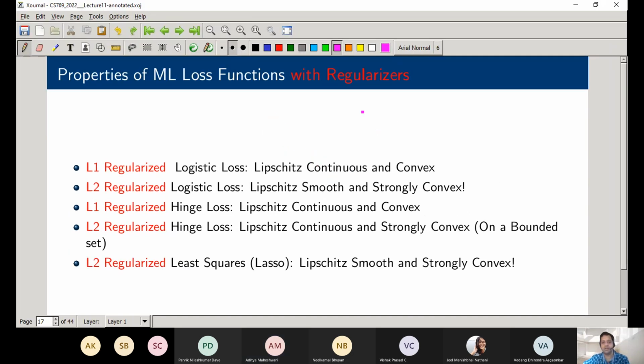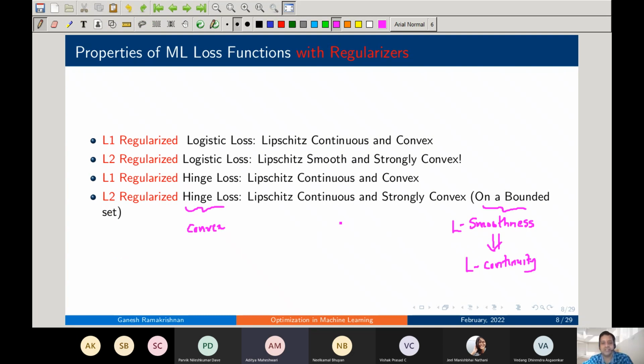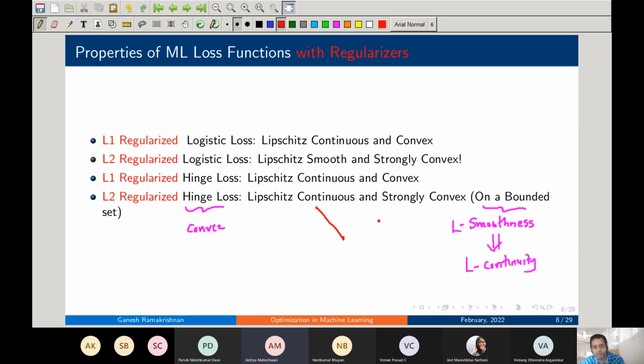So the previous slide, what I showed, these generally don't go together unless you have a bounded set. Okay, so this is important to point out. Generally, they go together only on a bounded set.